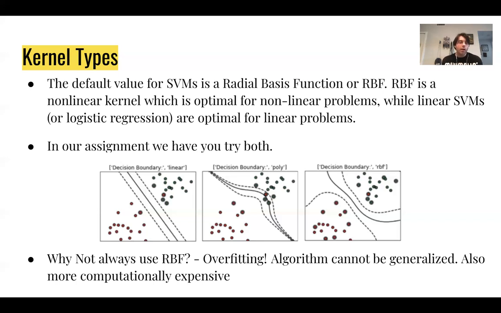We say, run an SVM, but try these different kerneling techniques and see if you can achieve better performance by casting it into a different n dimensionality space. So I think that's what I wanted to cover from a theoretical standpoint in terms of SVMs and kerneling.